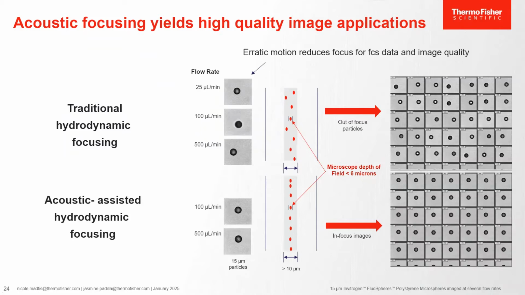And you can see this on the top middle. With traditional hydrodynamic focusing, not all particles flow through the focus position. They are bouncing around in the field of view. By adding acoustic focusing, the CytPix can help to provide consistent positioning of a cell or events in 3 dimensions.